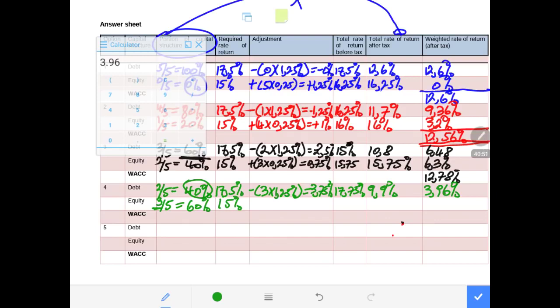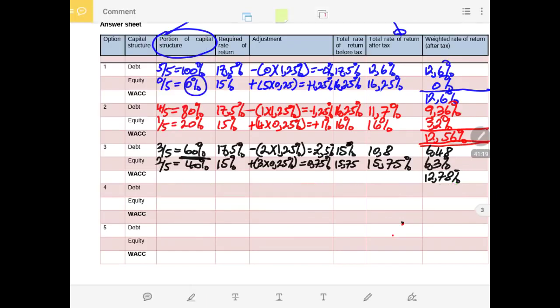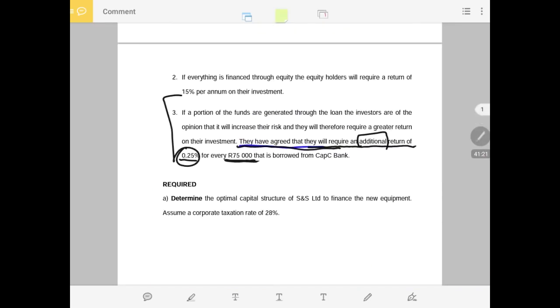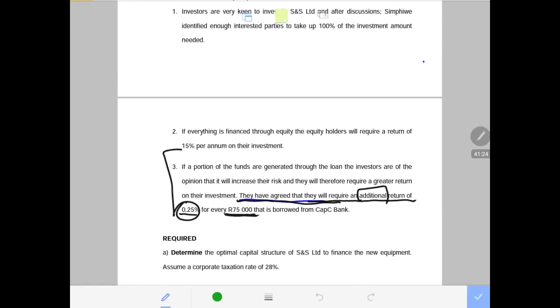Then now we go to equity and say for every amount borrowed from Caps Bank, there will be an increase in the return. That's what the investor said, because they are running a higher risk. Now the question is how many of the 75,000 rands are borrowed from the bank? 2 of them. And it was very clearly stated that for every 75,000 that is borrowed from the bank, they will require an additional return of 0.25%.